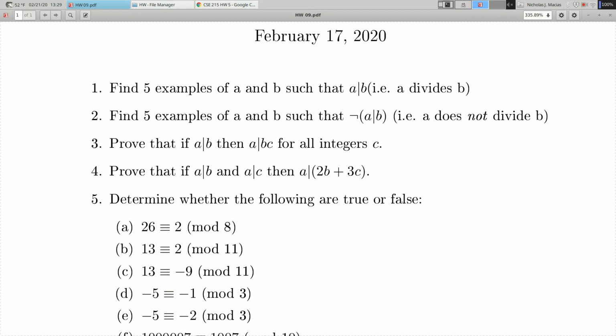Anytime we get a number like negative 1, we have a remainder of 4. Negative 5. All right, so let's talk about the rest of these and then go on to the next page.